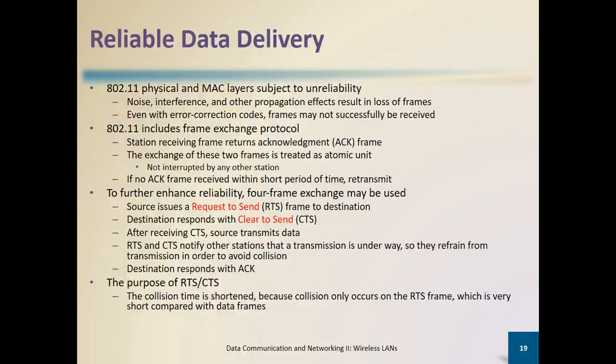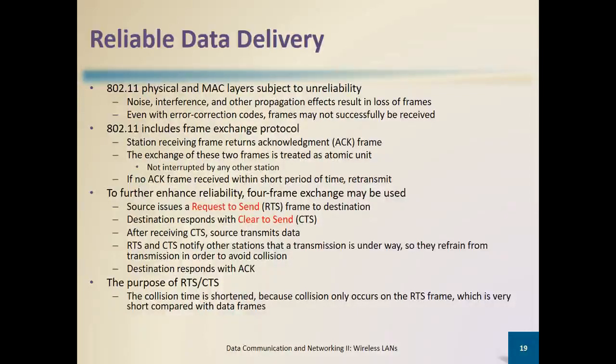The first one happens to be the source issuing a request to send to the destination. So when two devices want to transmit or exchange a particular message, the source will issue a request to send, or RTS, to the destination, and the destination responds with what you call a clear to send, or CTS. Then, after receiving that CTS, the source can transmit the data.